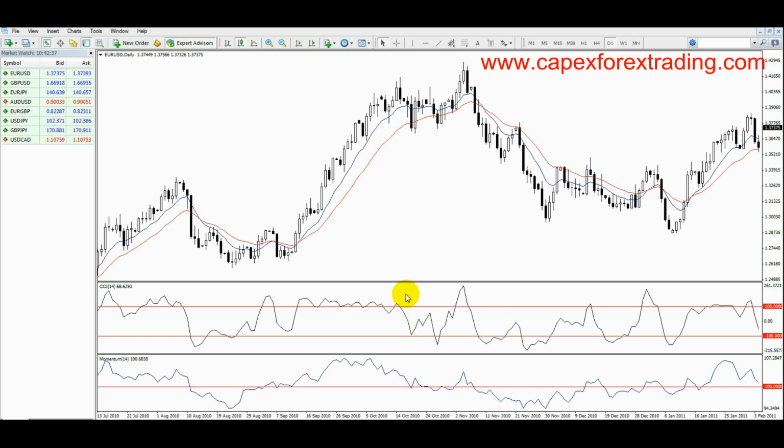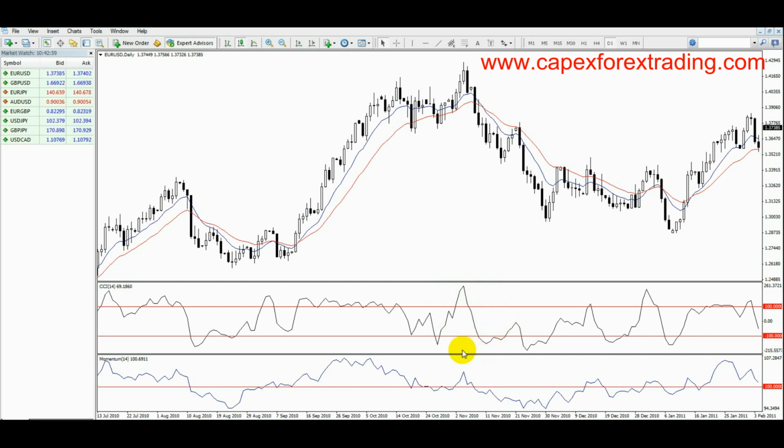So when we load up our indicator, we see two lines. The first line is this top line here, which is the plus 100 line. The second line, which is this low line here, is the minus 100 line. So when we're using the CCI indicator, what we're looking for are readings above the plus 100 line or readings below the minus 100 line.